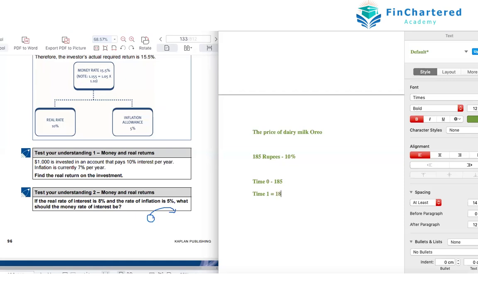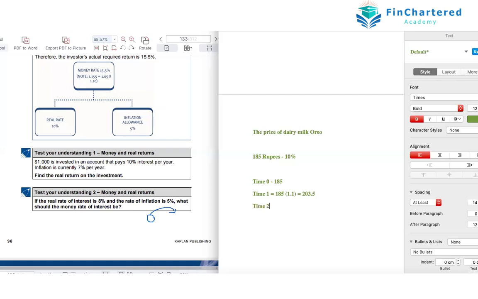So it will become 185 into 1.1, since a 10% increase is 1.1. So at time 1 the Dairy Milk will become 203.5.